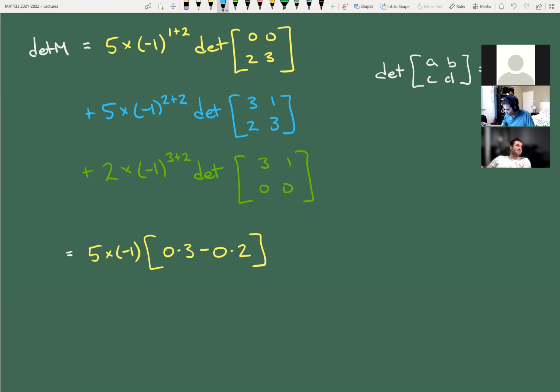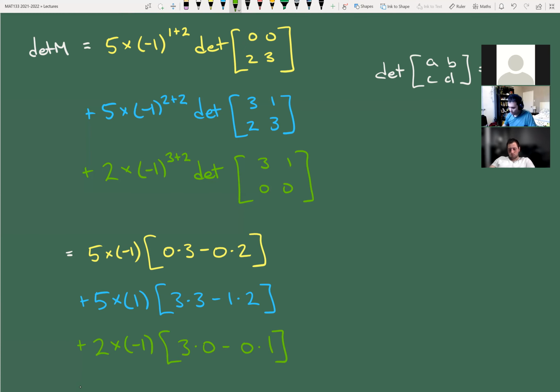So that is going to be 0 again, plus 5 times +1 times 3 minus 1 times 2. And then the green part is +2 times -1, 3 times 0 minus 0 times 1, like that. So that again gives me 0.